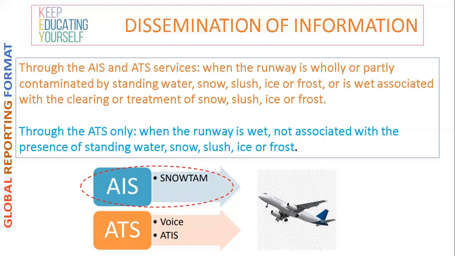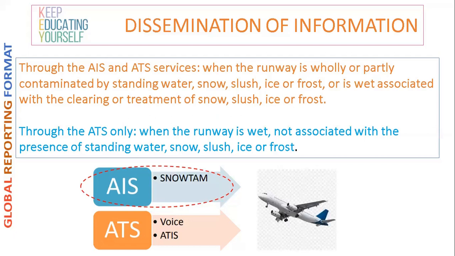Now the question arises, which information has to be given to air traffic services and which has to be given to the aeronautical information service for issuing a SNOWTAM. The aeronautical information service will issue the SNOWTAM, and air traffic service will give a voice broadcast using CPDLC, or the controller himself will alert the pilot, and also through ATIS.